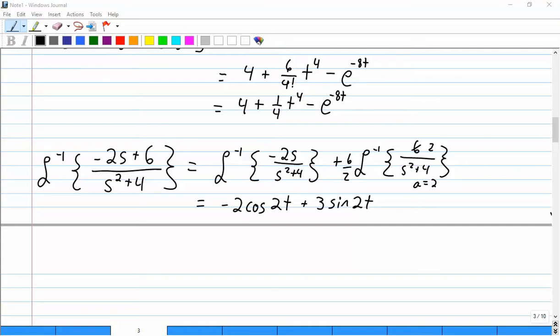Alright, you try this one. The inverse Laplace transform of s plus 1 over s squared plus 2.